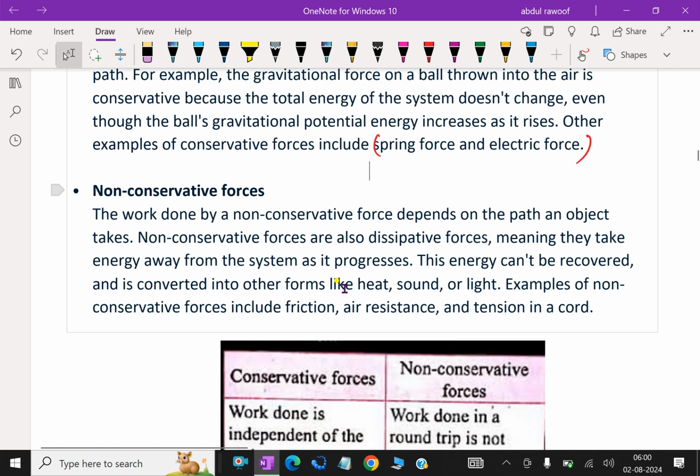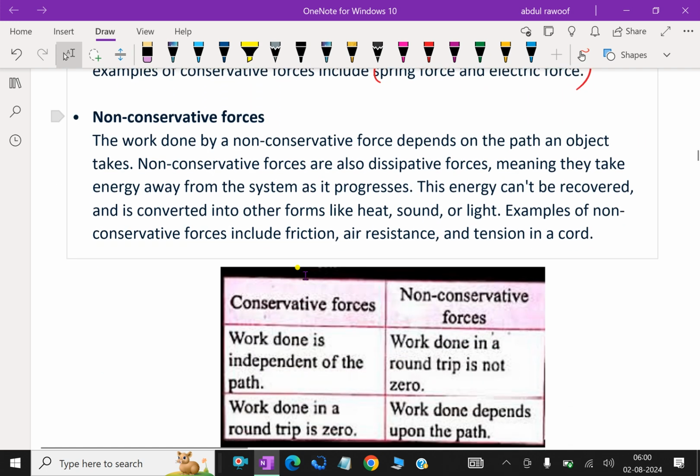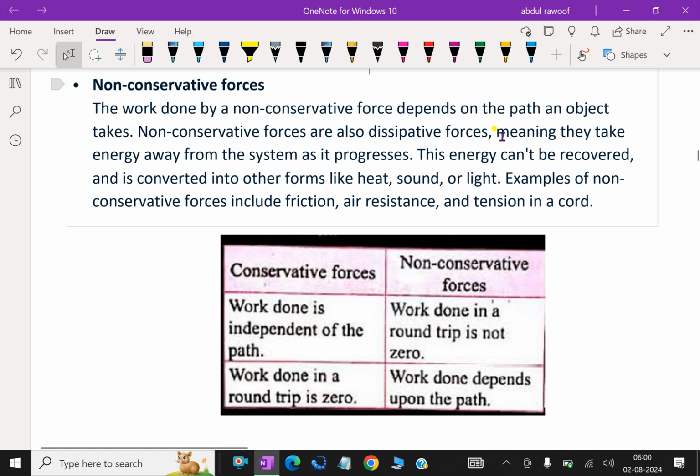Next one, non-conservative forces. The work done by a non-conservative force depends on the path taken by the object. Non-conservative forces are also dissipative forces, meaning they take energy away from the system. This energy can't be recovered and is converted into other forms like heat, sound, or light.